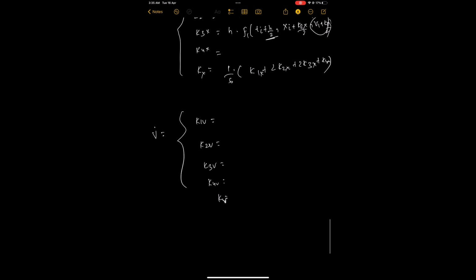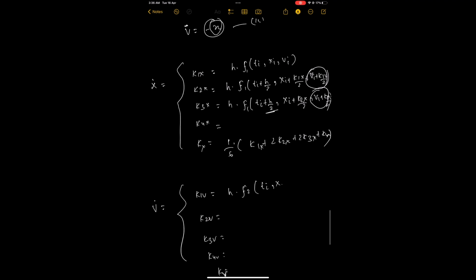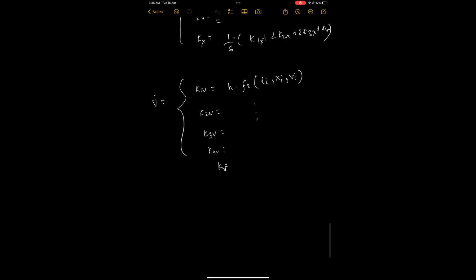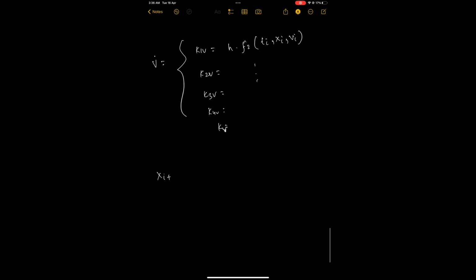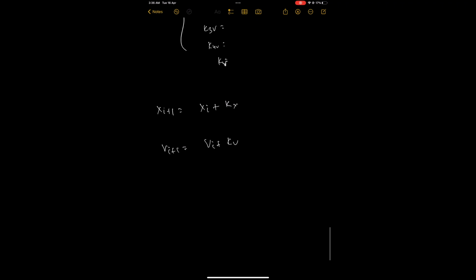So we have h into f2 of ti, xi, vi like that. Once you calculate all the k's, you can do xi plus 1 equals xi plus kx, and similarly vi plus 1 equals vi plus kv. Okay, so this is the RK4 method for second order ODEs.